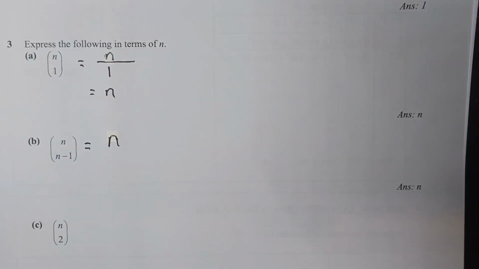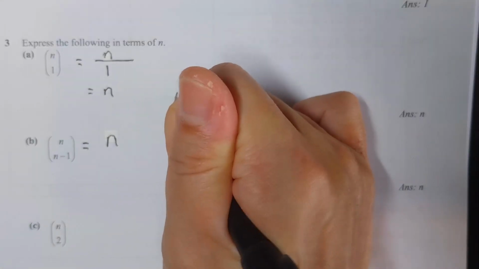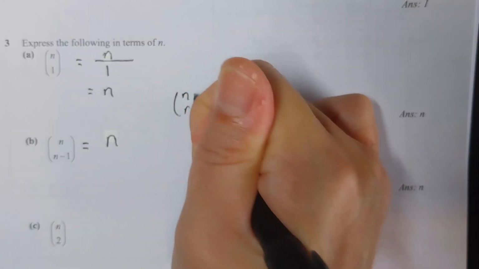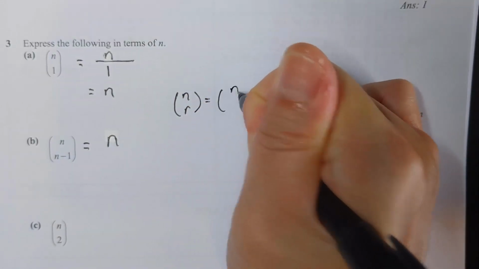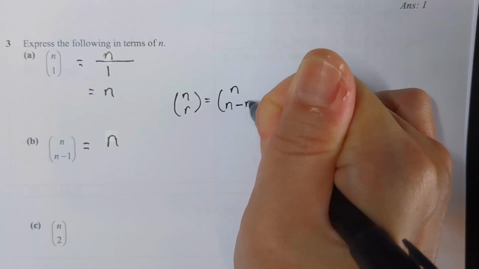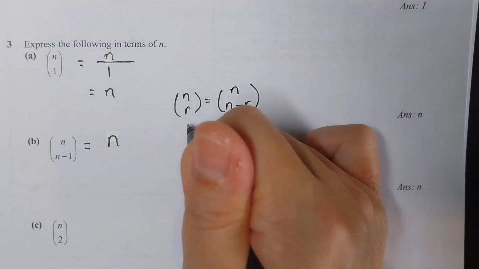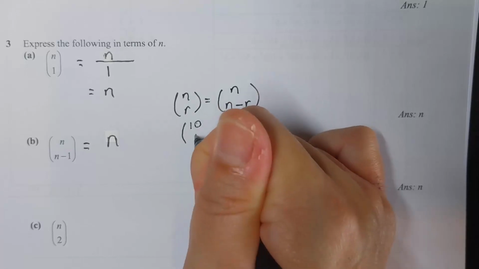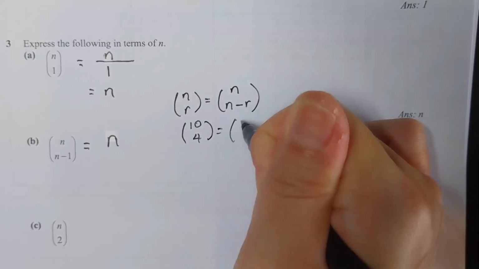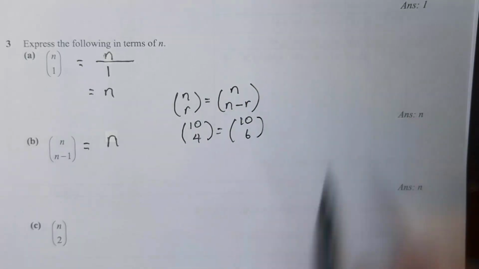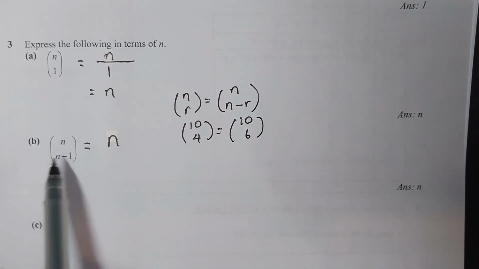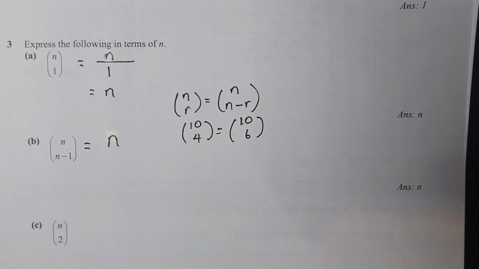Why is that so? Because just now we learned that n choose r is actually the same as n choose n minus r. Again, what it means is that if I have 10 choose 4, it will be the same as 10 choose 6. So n choose n minus 1 seems complicated, right?